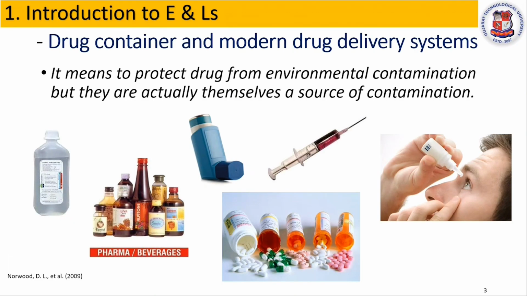So basically, it is believed that drug containers and modern drug delivery systems are meant to protect the drug from the environment and prevent contamination of products from the environment, but actually they themselves are a source of contamination many times.